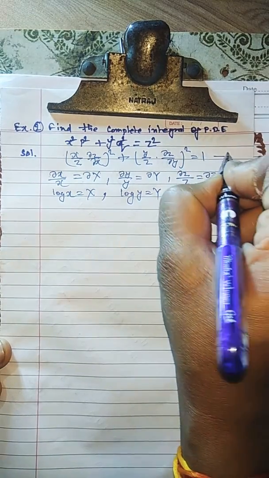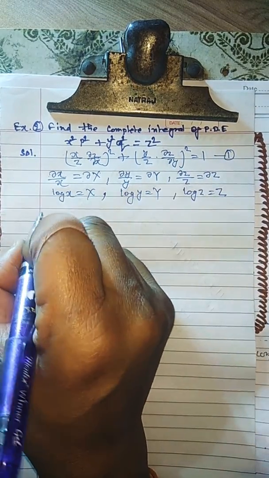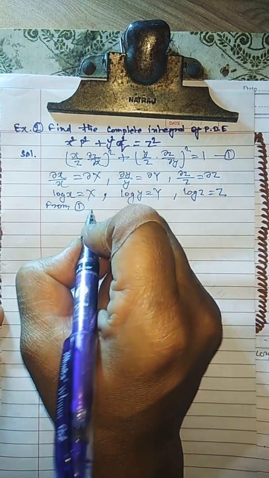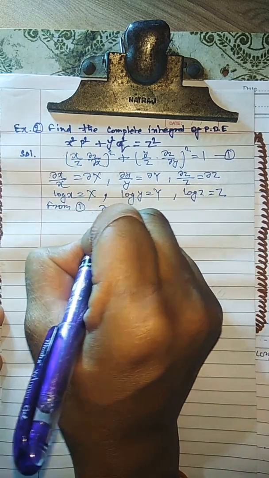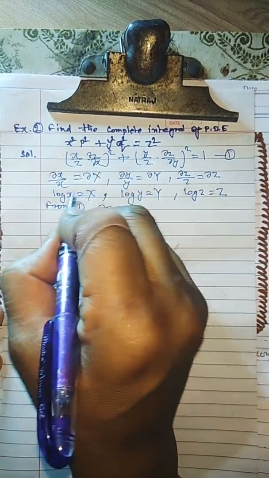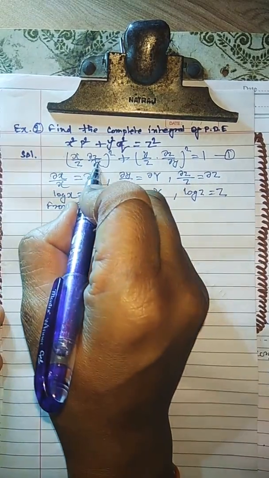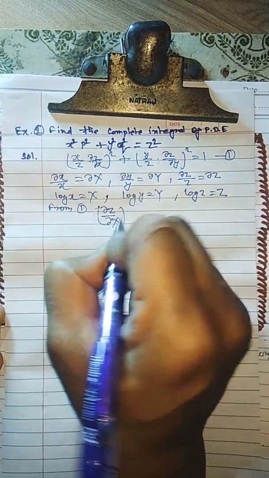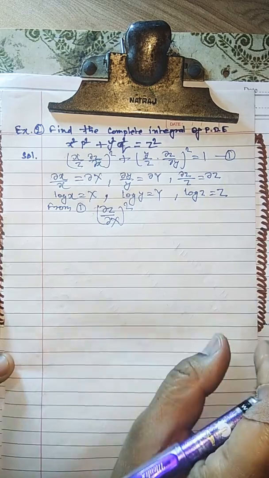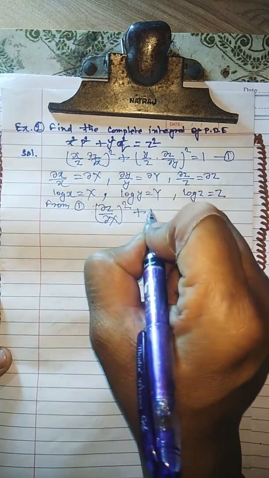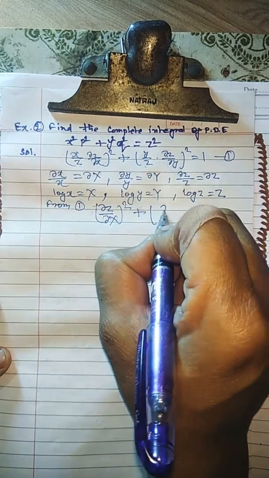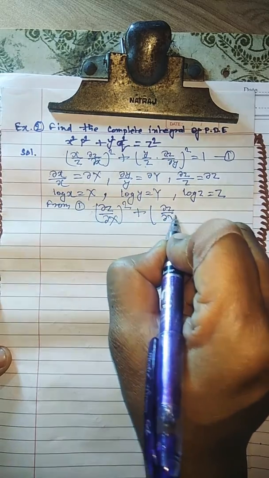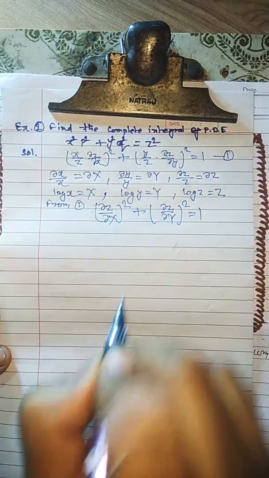Now we can write equation 1. Del z upon z is del capital Z, and del x upon x is del capital X. We can write it as del capital Z upon del capital X whole square plus del capital Z upon del capital Y whole square equal to 1.